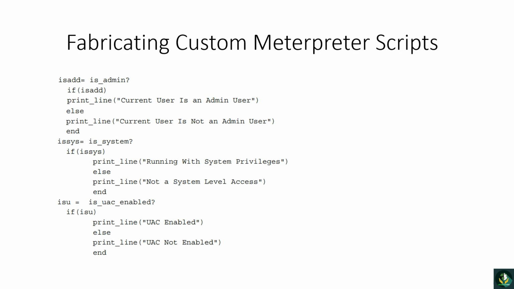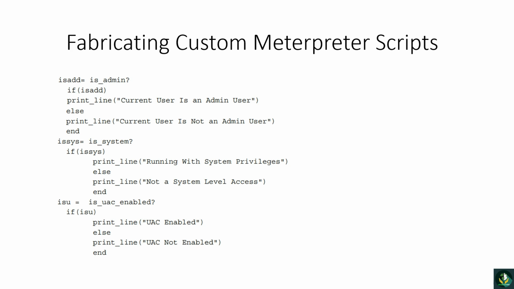Let's work out a simple example of a Meterpreter script, which will check whether we are the admin user, whether we have system-level access, and whether UAC is enabled or not. The script starts by calling the is_admin method from the lib/msf/core/post/windows/priv.rb file and storing the boolean result in a variable named isadmin.